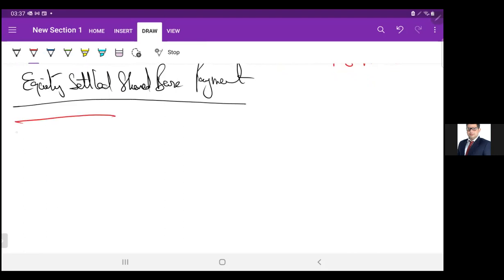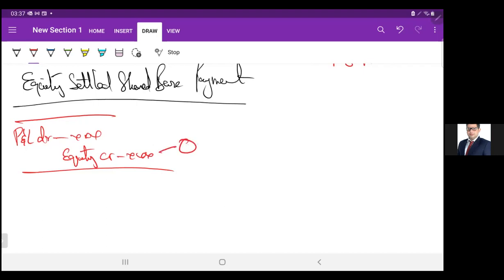Profit and loss account debit, that means expense debit, and equity, or you'll say share capital, credit, right? The entry to equity is normally reported in other components of equity, right? Share capital is not affected until the share-based payment has vested. What vested means, I will tell you in a while, right?